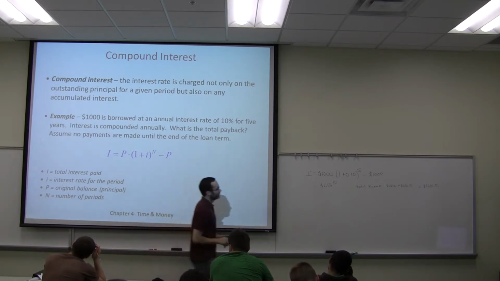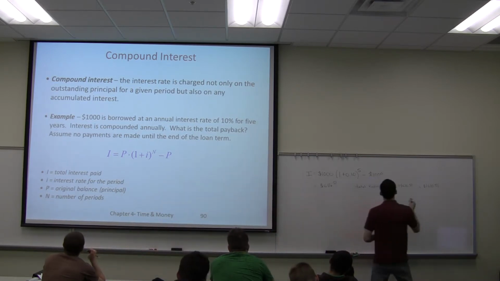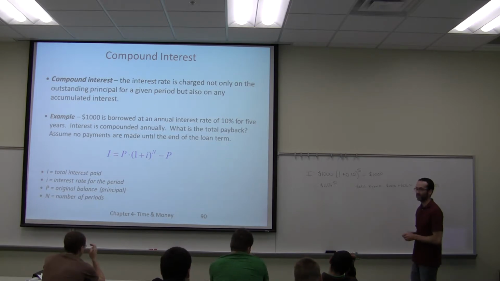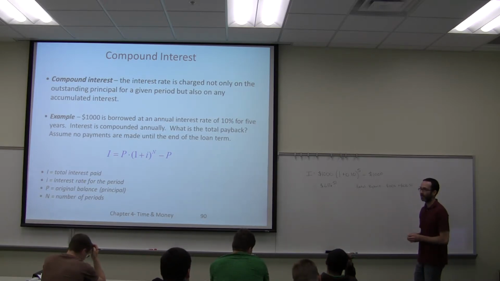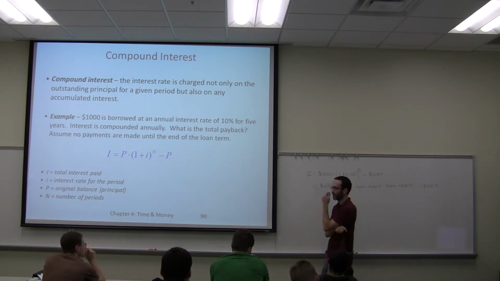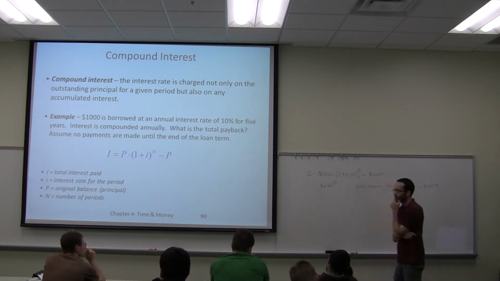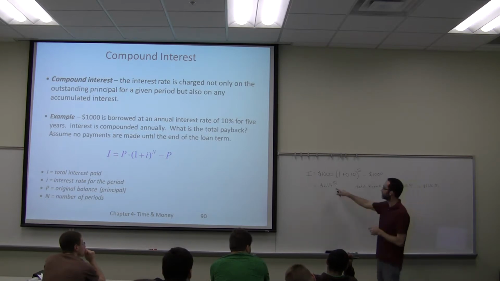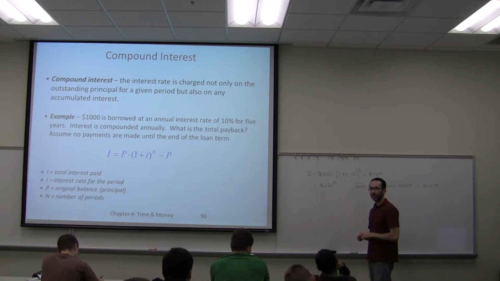Right. So the interest in the first example was 500. So this time, instead of 500, it's 610.51. So Aaron, why do we have to pay an extra $110.51 this time? Because you're charging interest on the previous year's interest now instead of all at once. Yeah, what they're saying is, well, if you didn't want to pay this extra $110.51, you should have paid me the interest every year.